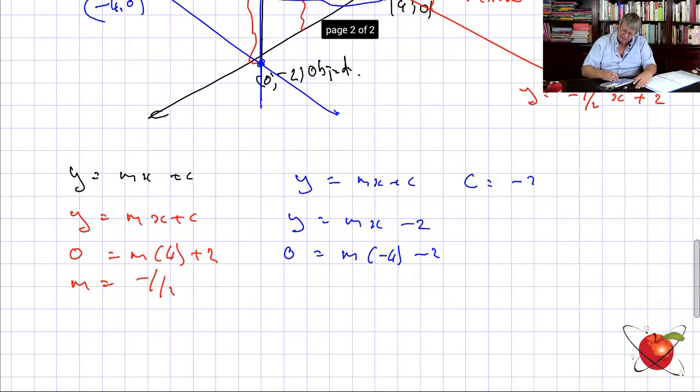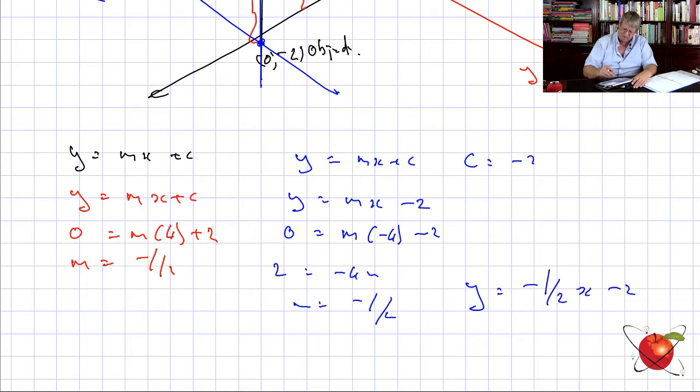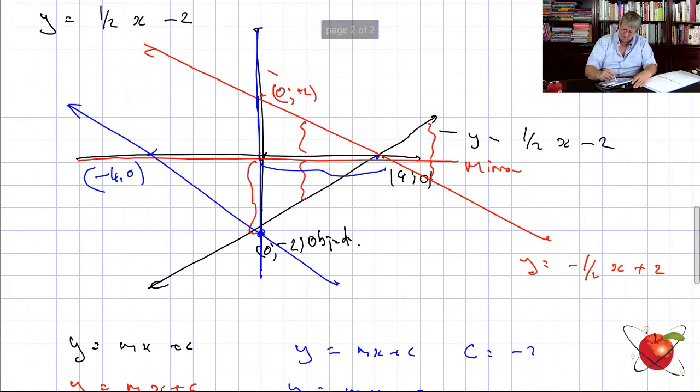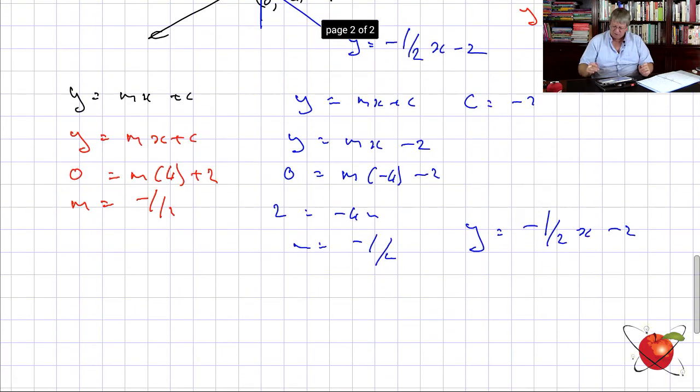Therefore, we can solve, and we can say 2 equals minus 4m. Therefore, m equals minus a half. And you can see the graph of the blue one is y equals minus a half x minus 2. So yes, very straightforward.